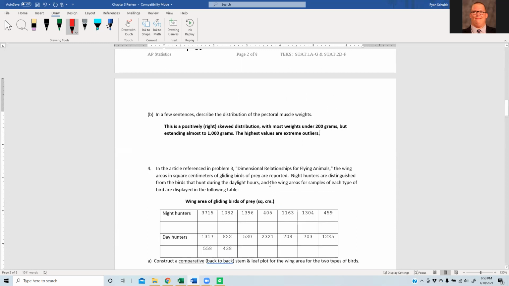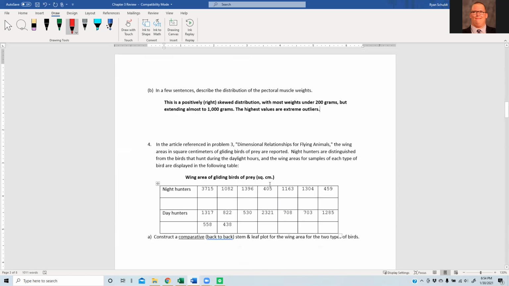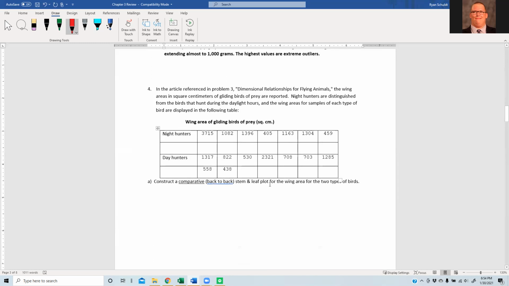Okay, so that's number 3. Number 4. So same article that we used in problem 3, but now they look at the wing areas in square centimeters of the gliding birds of prey.